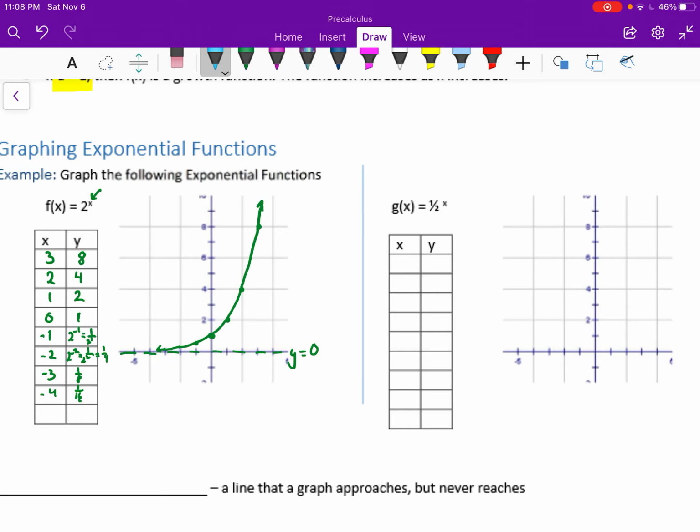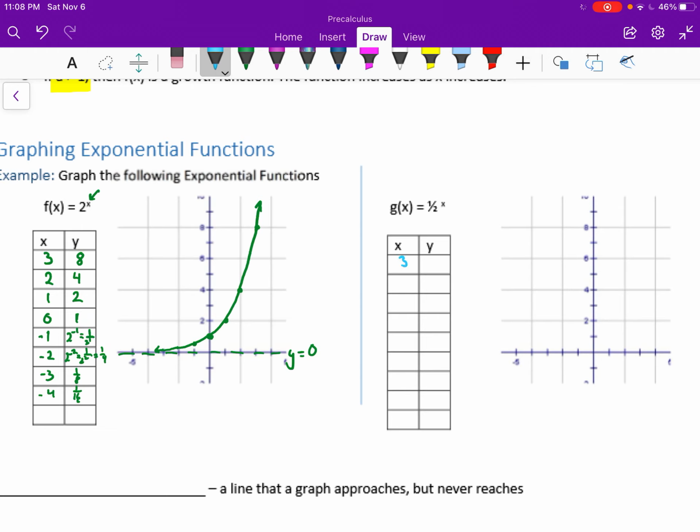And now looking at g equals 1/2 to the x. So let's do the same thing. We'll start with 3, 2, 1, 0, negative 1, negative 2, and negative 3. 1/2 to the third is 1/8. So at 3, we're at 1/8.